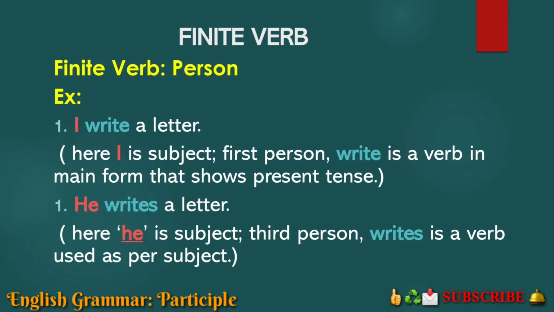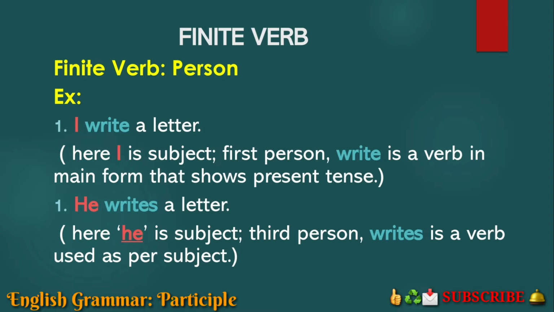Students, in this sentence, I is the subject, being the doer of action, and I is in first person. Write is a verb in main form that shows present tense. So here I is the first person, and according to person we have used write in present tense.